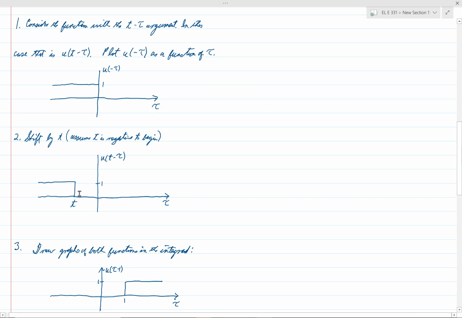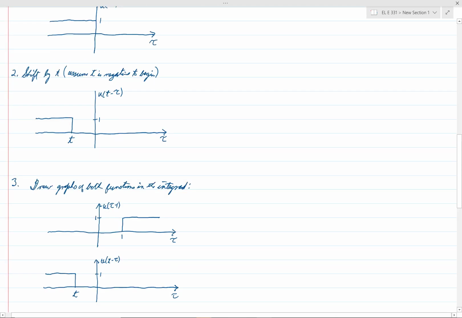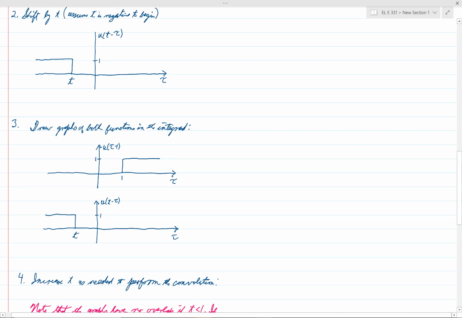So that means we're shifting it to the left. So you can see that we have shifted this curve up here to the left, and the leading edge is at t. Because the leading edge here was at 0, and so when we add t to that, we just get t.